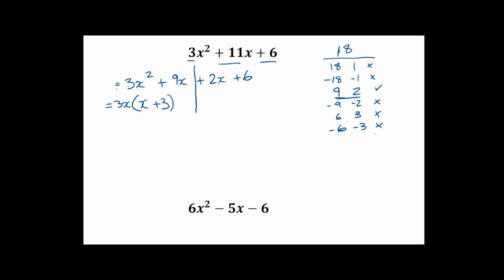And here, 2x plus 6. Is there a common term? Yep, it's 2. 2 times what equals 2x? X. 2 times what equals 6? Well, it's positive 3. And notice here we have the same thing in brackets. If we don't get that, we've made a mistake.